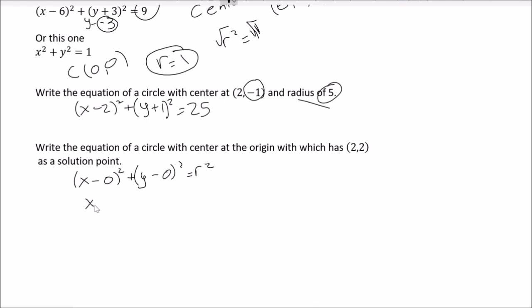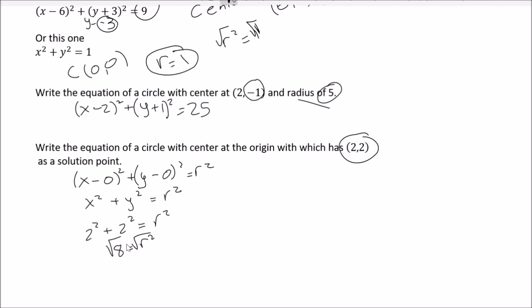I'm going to simplify that to get x squared plus y squared equals r squared, and they were kind enough to give me a solution point, meaning when I plug these in, it does not violate the equation. So let's plug them in. That would be 2 squared plus 2 squared equals r squared. So 4 plus 4, that would be 8 equals r squared.